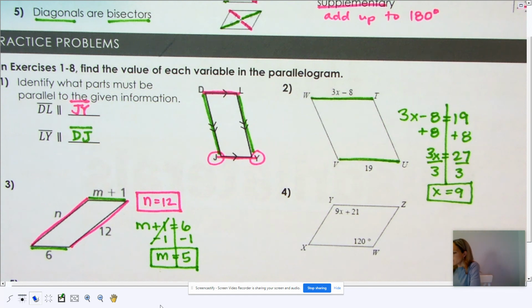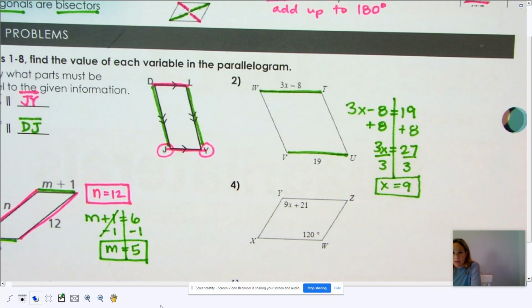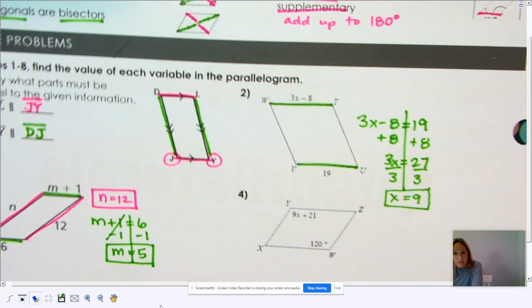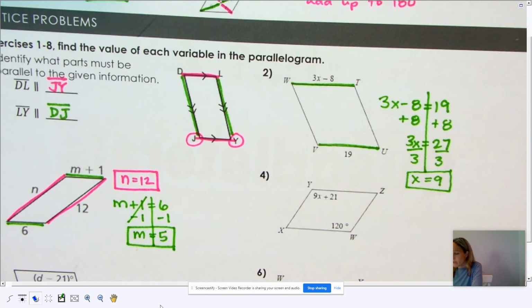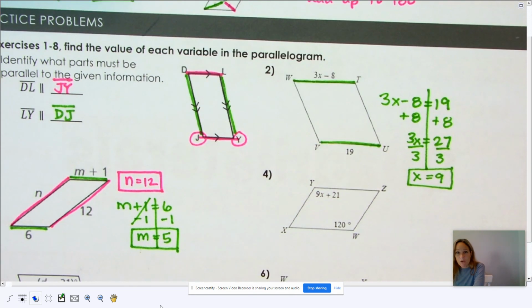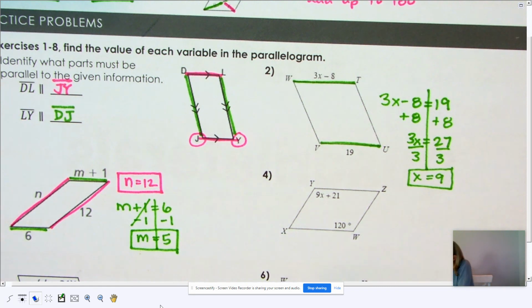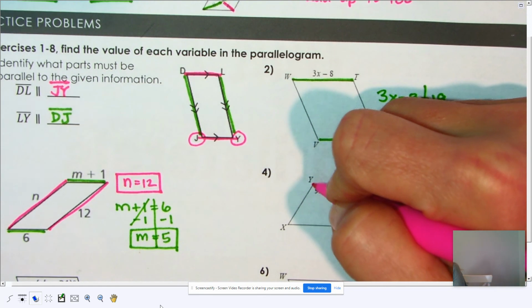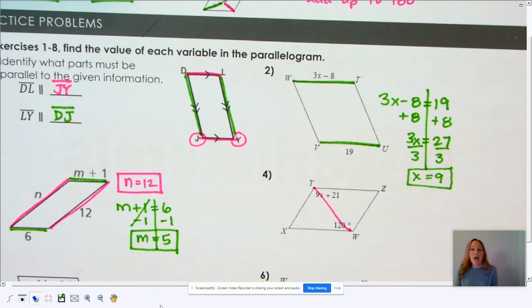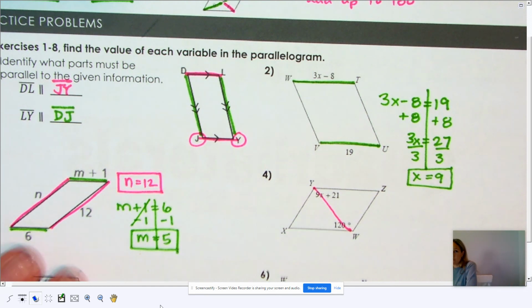Moving on to question number 4. Because I don't need to move my book each time, huh? For question number 4, I realized that if I could go from one angle all the way across to get to the other one, I know that those are opposite angles. And when they're opposite angles, we know that they're equal to each other. So I'm going to set up an equation for that.